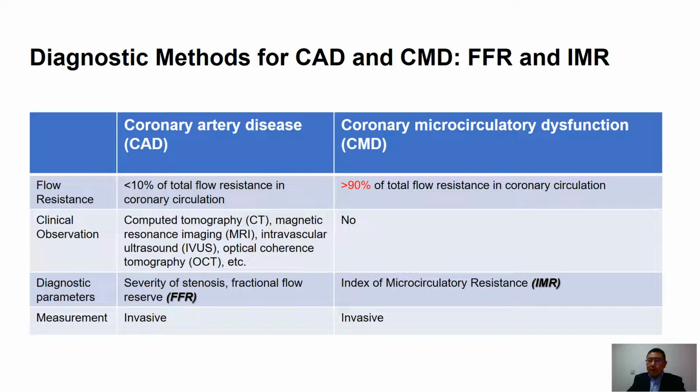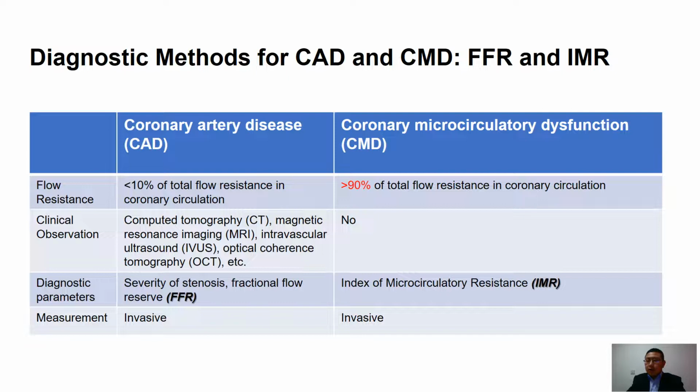However, they haven't been widely used in clinical practice. So, in both clinical practice and lab experiments, we have a lot of tools to observe the pathological changes in coronary epicardial arteries. In contrast, there is a lack of clinically applicable imaging tool for CMD.